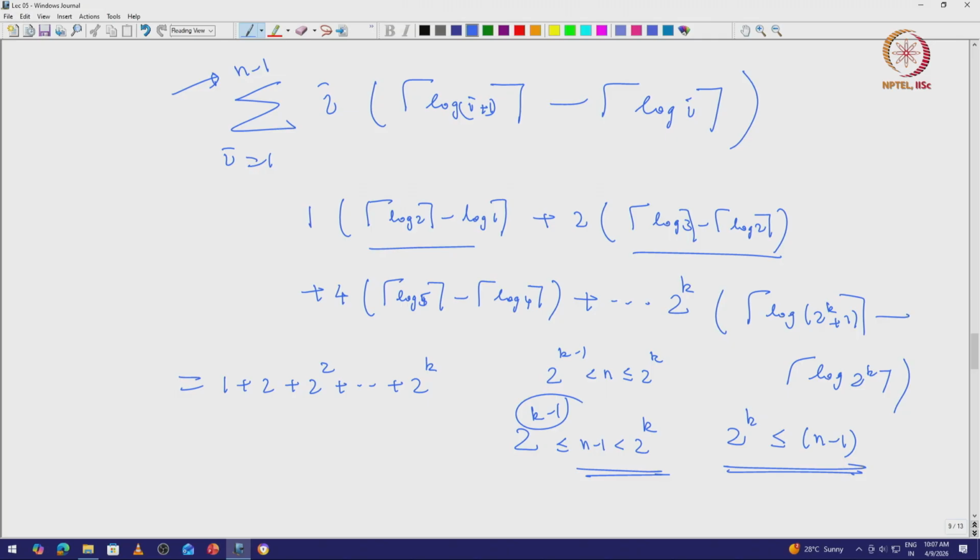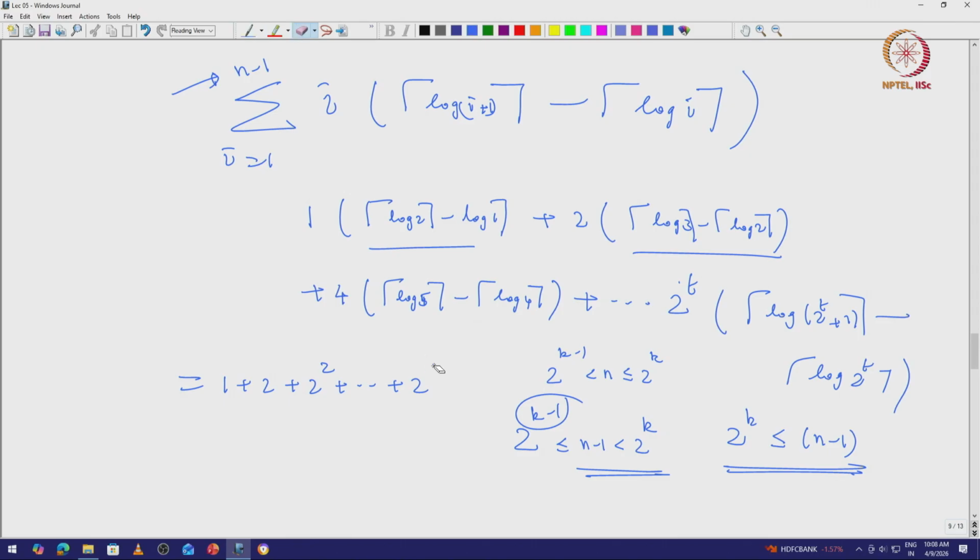Okay? So, I am using k again and again, so let us use t here for example, 2 power t times (2 power t plus 1 minus 2 power t).